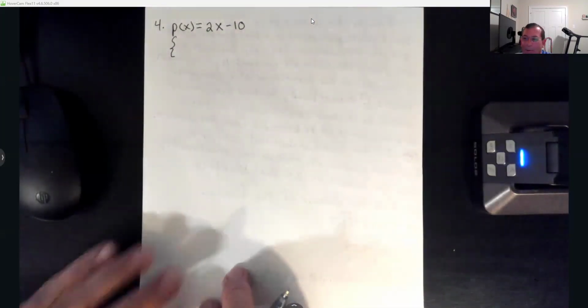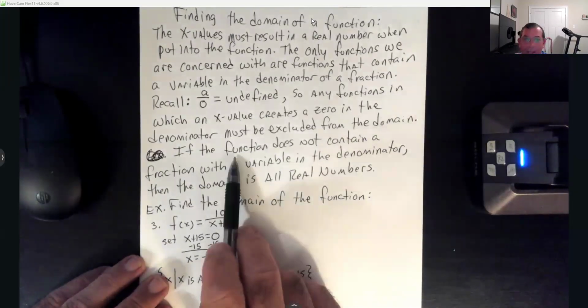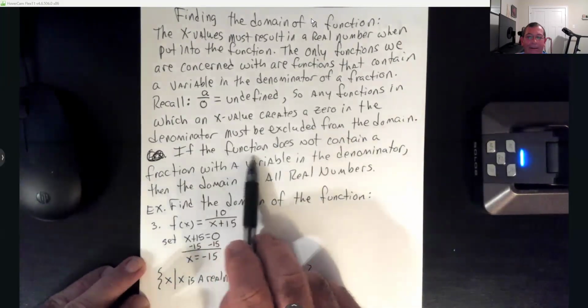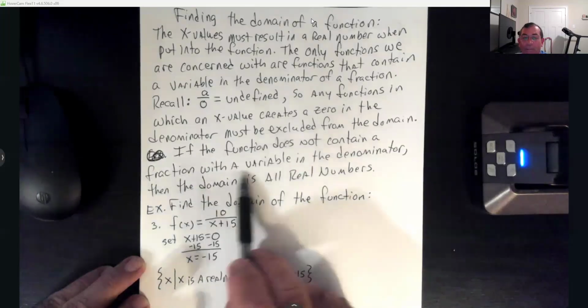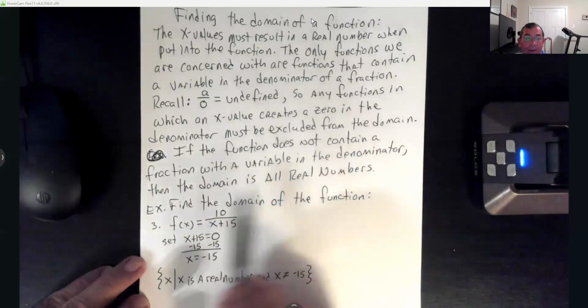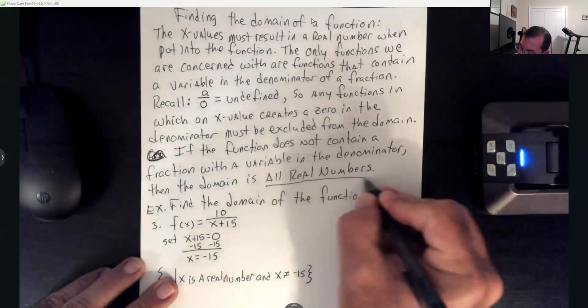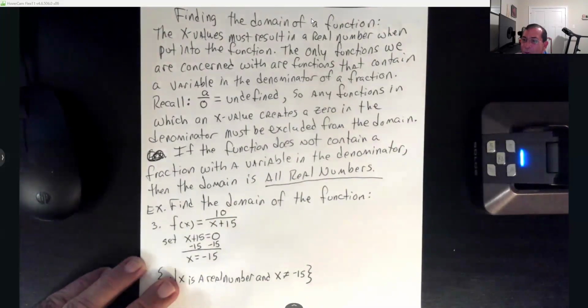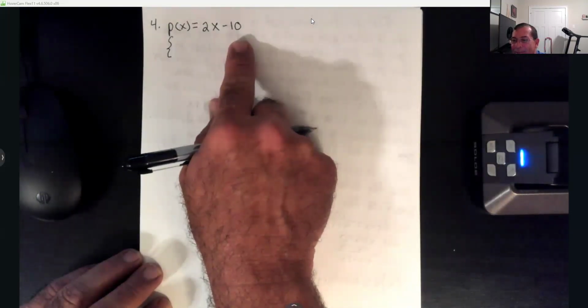All right, y'all. So remember what we say right here. If a function does not contain a fraction with a variable in the denominator, then the domain is all real numbers. Well, I don't see a fraction there, do y'all?